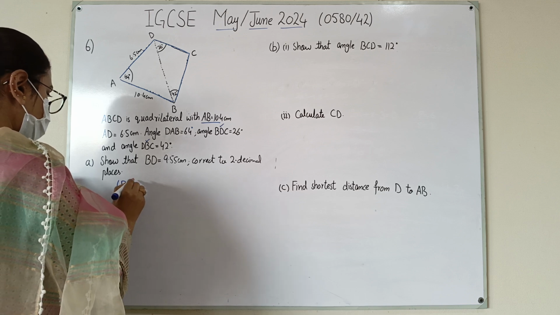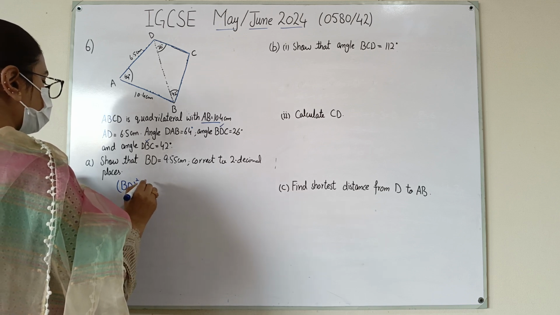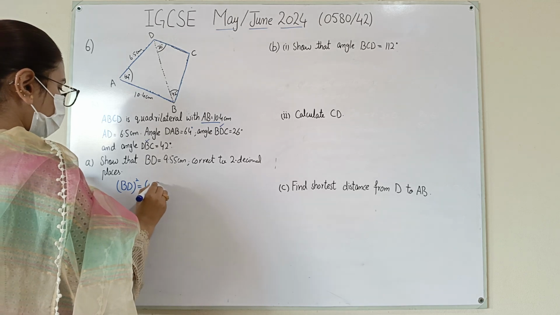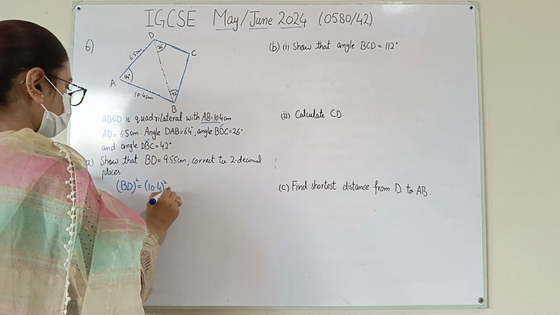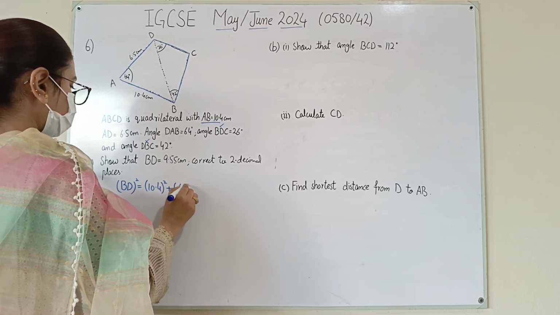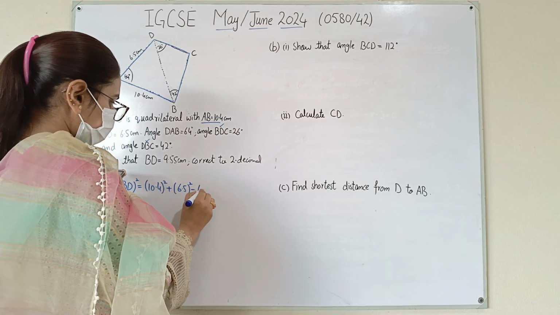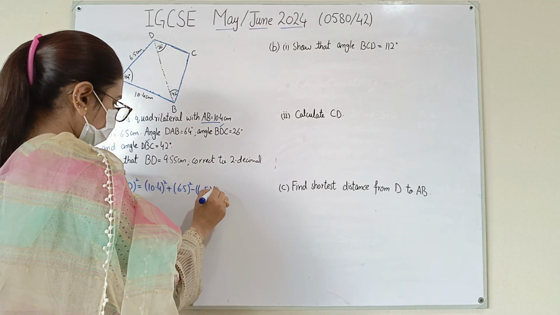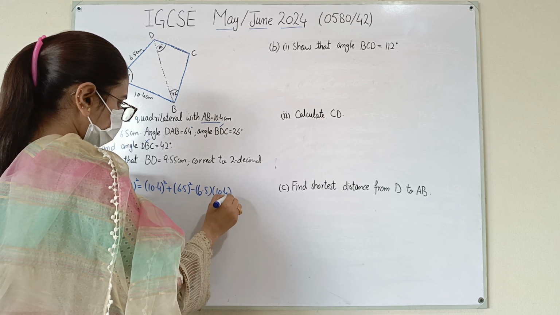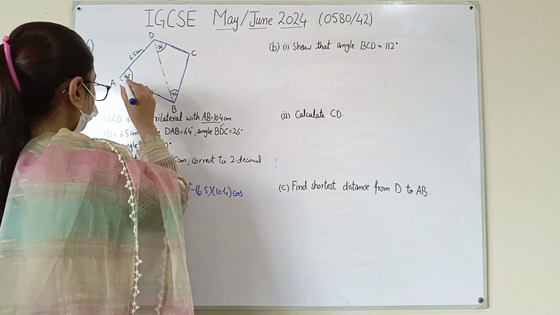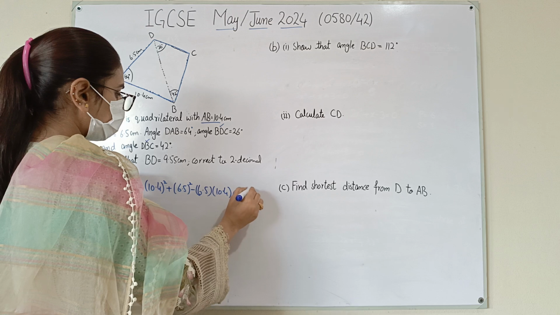BD whole square will be equal to 10.4 square plus 6.5 square minus 2 into 6.5 into 10.4 cos of the angle between these two values.